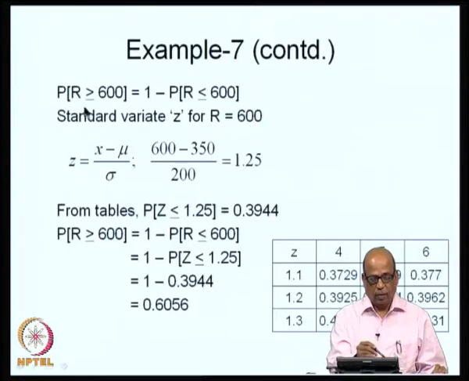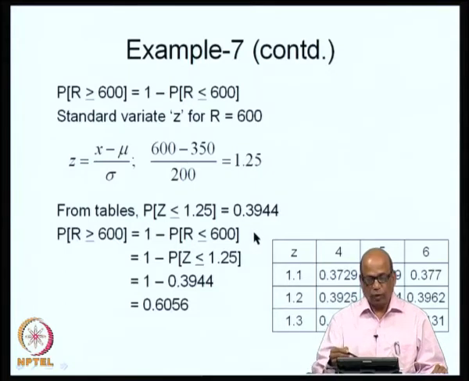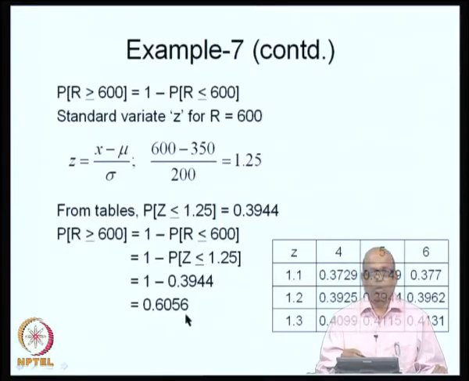So, we obtain the probability of R being greater than or equal to 600 as 1 minus the probability of R being less than or equal to 600, and so on. We use the same procedure and obtain the probability of the runoff at a particular location in the basin being greater than or equal to 600 as 0.6056.